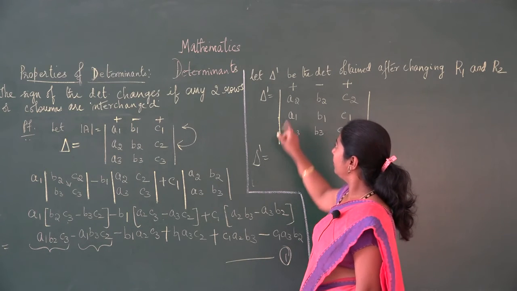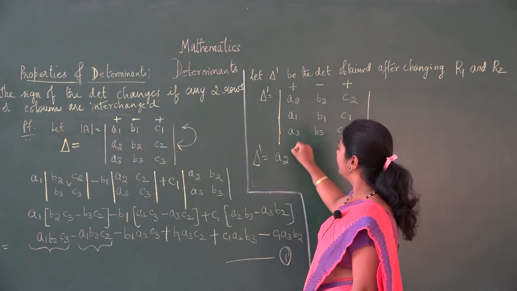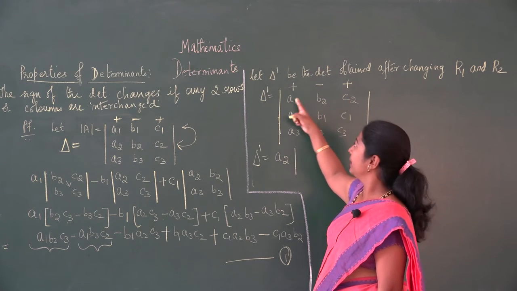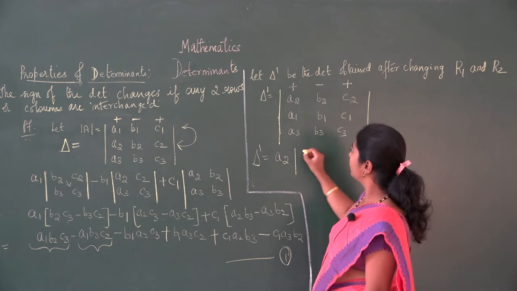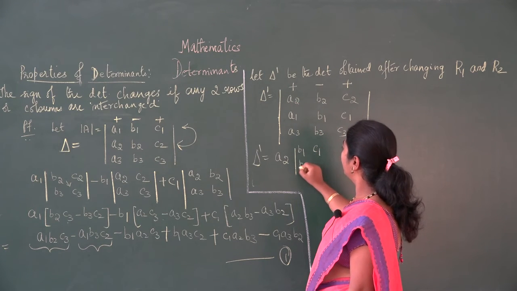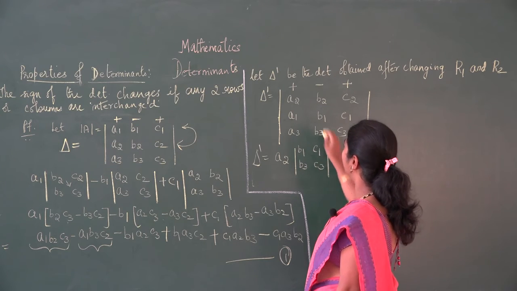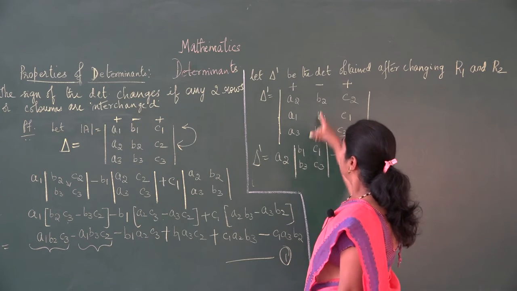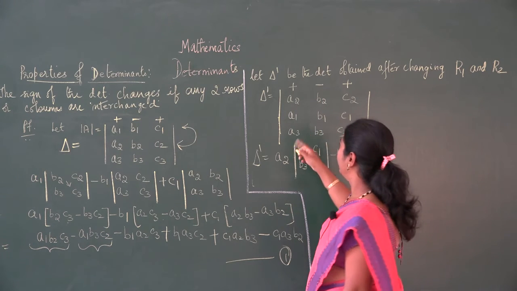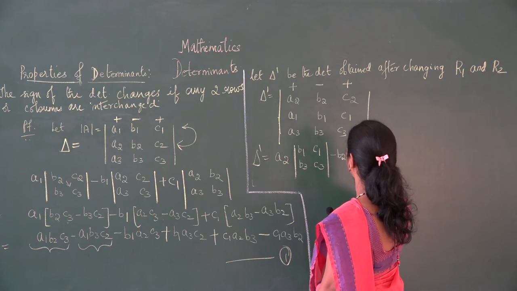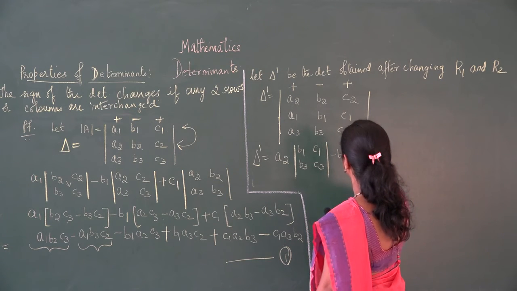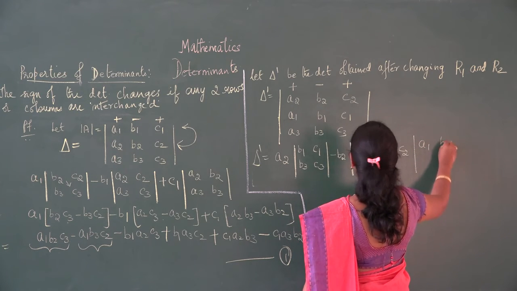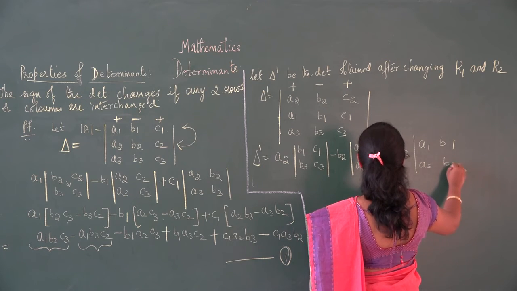How do we calculate now? We are considering A2. When we consider A2, you are supposed to leave the A2 row and A2 column. What are the elements here? B1, C1, B3, C3. Similarly, for B2: minus B2 into, leave the B2 row and B2 column. What is left out? A1, C1, A3, C3. Similarly, plus C2 into A1, B1, A3, B3.